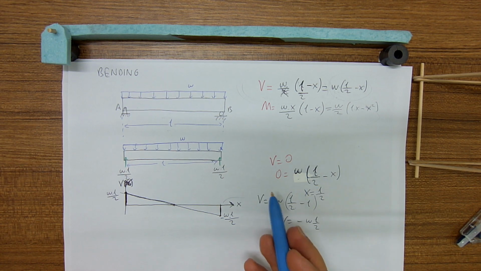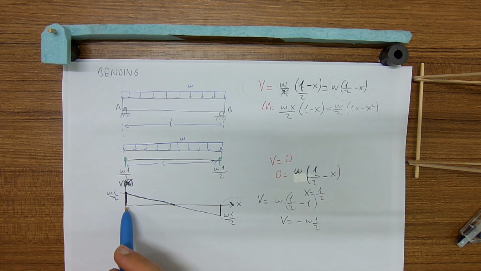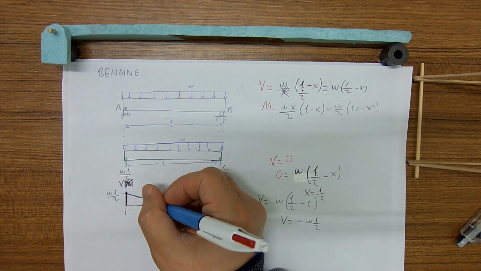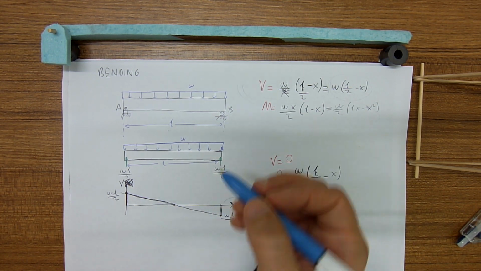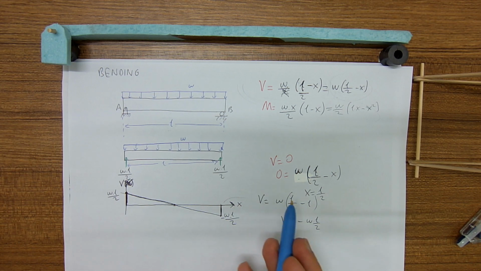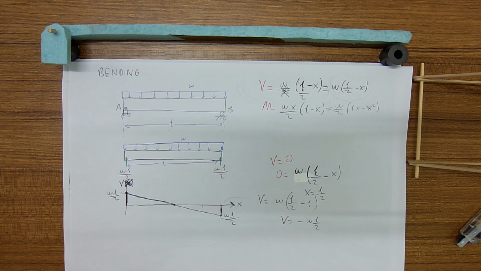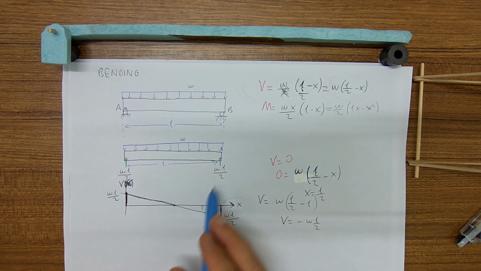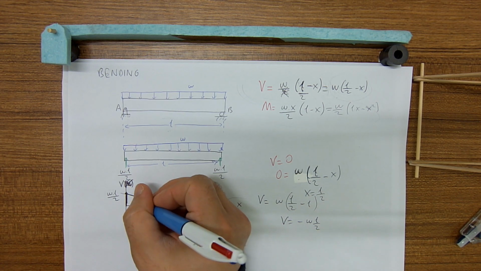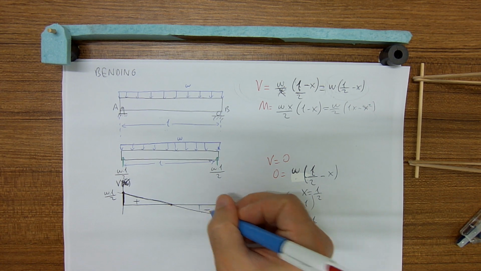By using just this equation, we obtain the shear diagram, and we can see at what section what the shear force is. Here the shear force is negative, for example. You can see the values at any section by using this graph. This area is positive, this area negative.